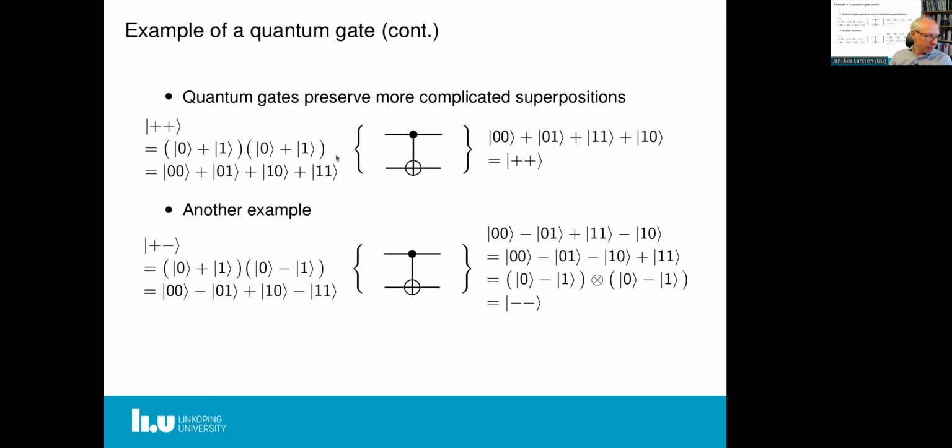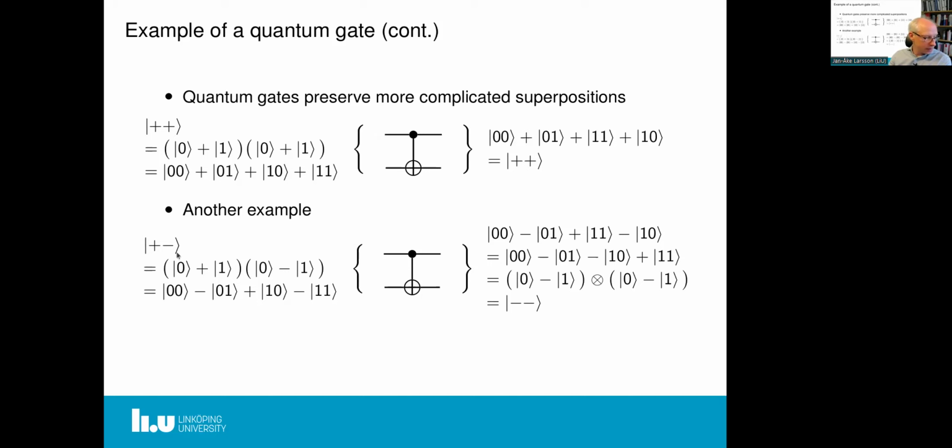So if you've now got a more complicated superposition, which you have if your input has a Hadamard on both the control and the target qubits, if you now input plus plus, you can easily see that the CNOT doesn't do so much to the state. The output is still plus plus. So the tensor product of 0 plus 1 and 0 plus 1.